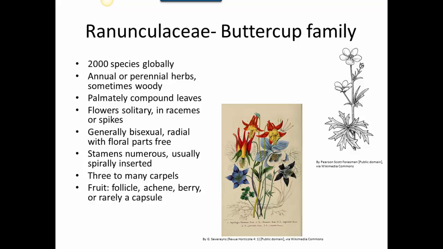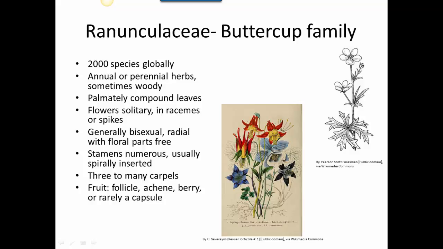They generally have palmately compound or palmately lobed leaves. So you can sort of see that when you look at these leaves. This one looks like it's palmately compound. This one looks like it's palmately lobed.